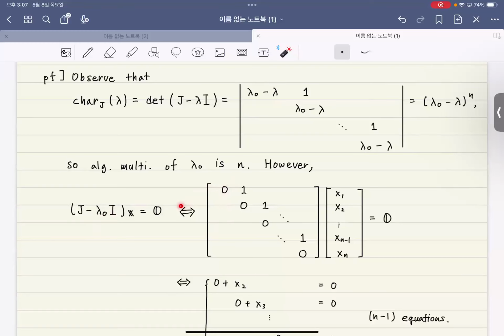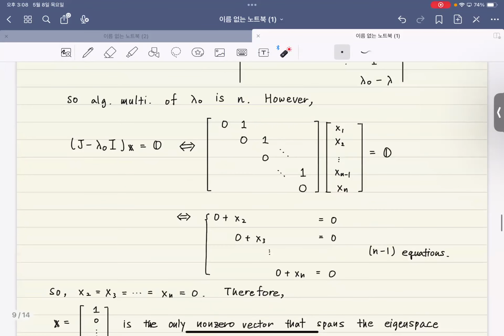If this is J, I just got rid of all diagonal entries like this, and multiply by x. It turns out that even though I have n equations, the last row consists entirely of zeros, so the last row vanishes.